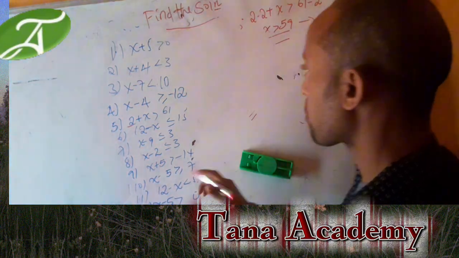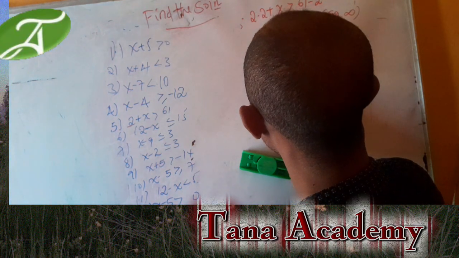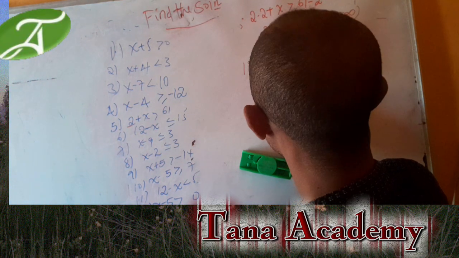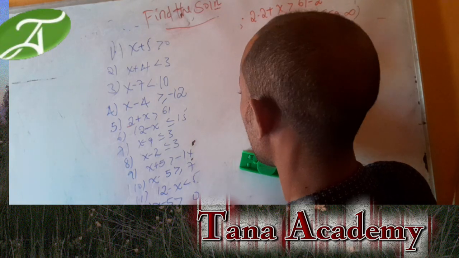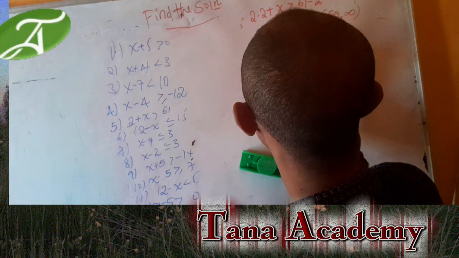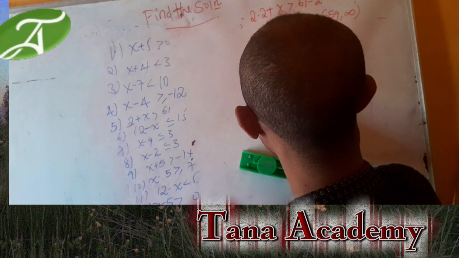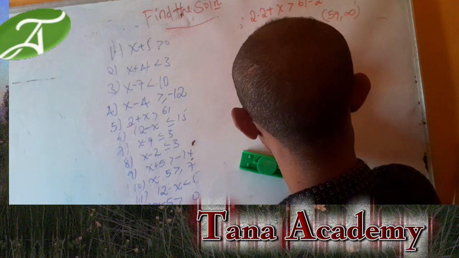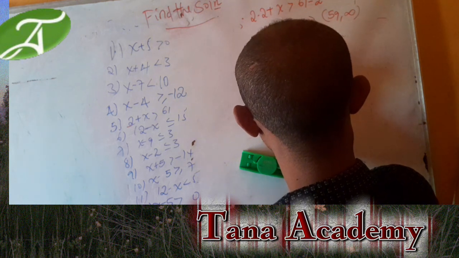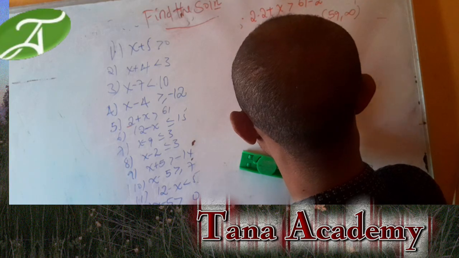Again, 12 minus x. I can move x to the right side, less than or equal to 15 plus x, minus x. It becomes 12 less than or equal to 15 minus 15, let the x stay as it is.